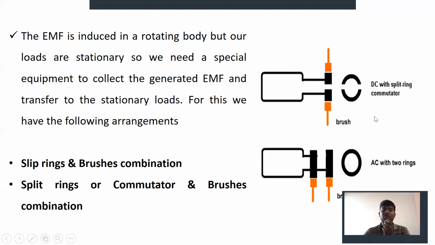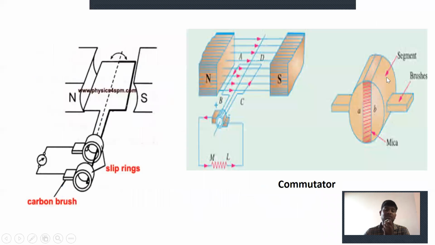This is the importance of the slip rings and brushes combination. The commutator and brushes are arranged with the coil. The coil produces the alternating EMF, which is induced in the armature and collected by the commutator.